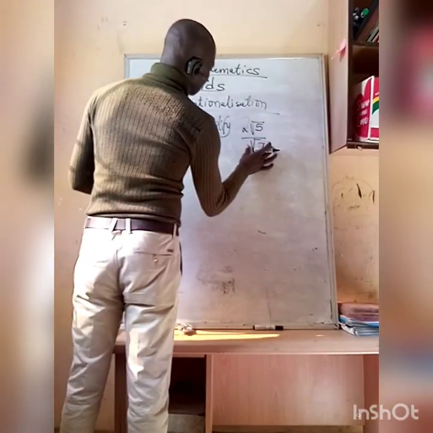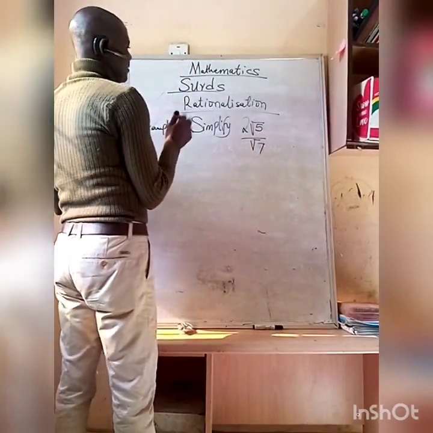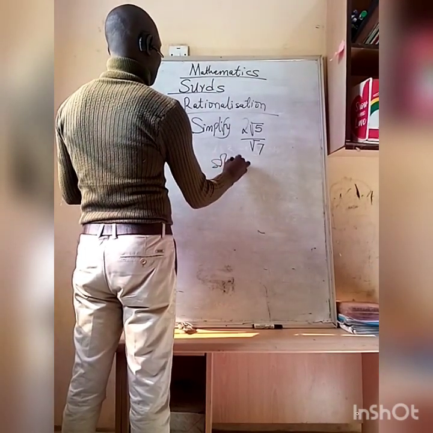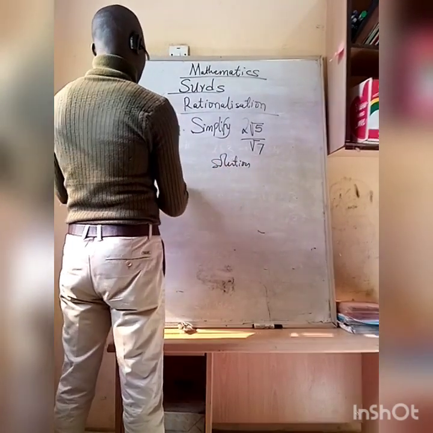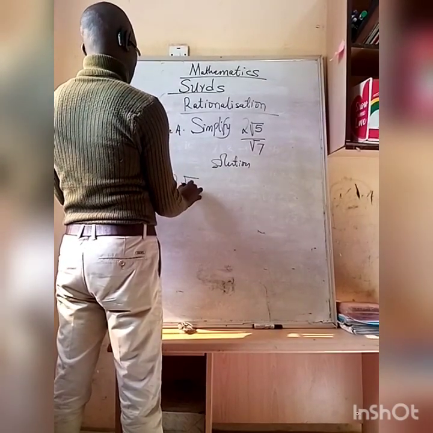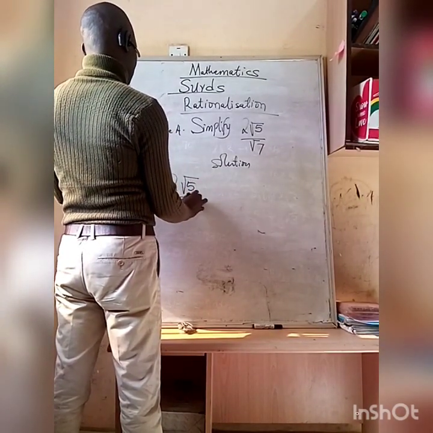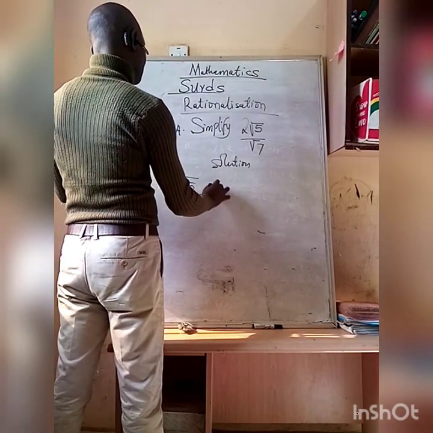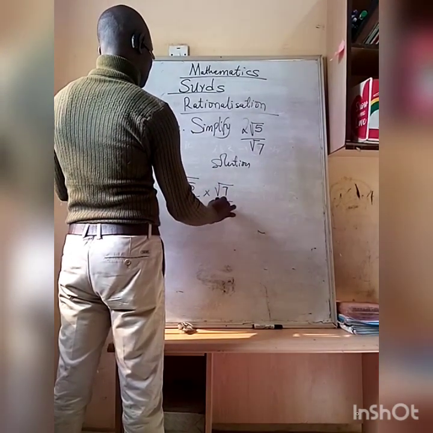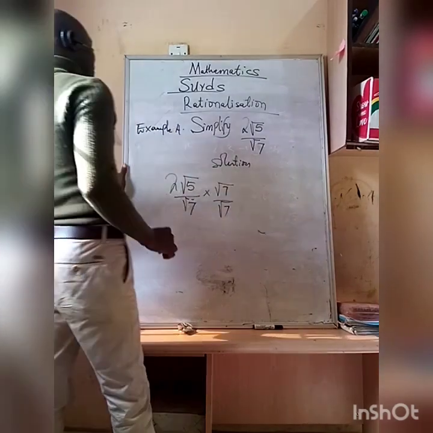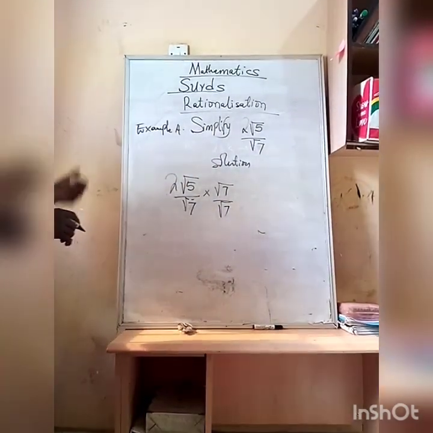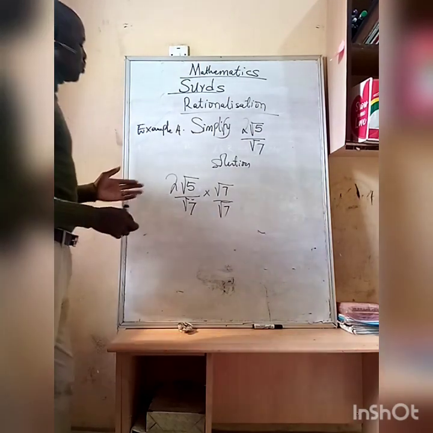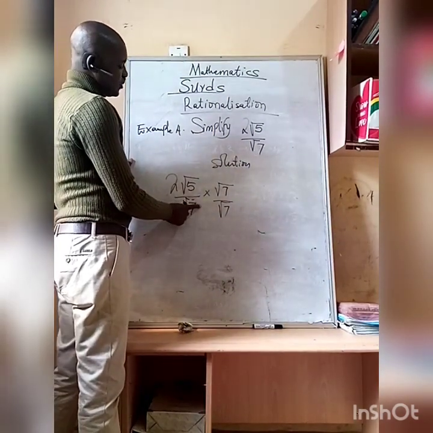For a single surd in its simplest form like this, we simply rationalize by multiplying both the numerator and the denominator by the denominator. How do I mean? The denominator originally is √7.